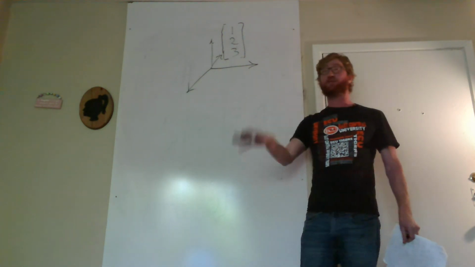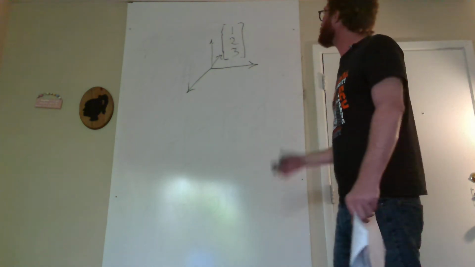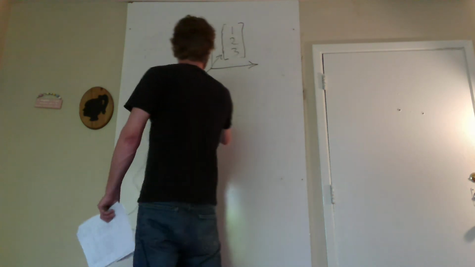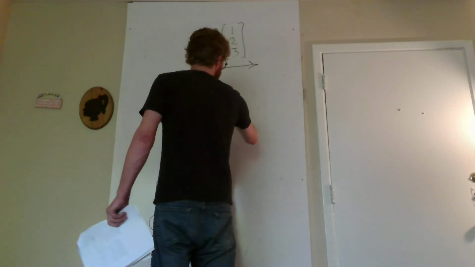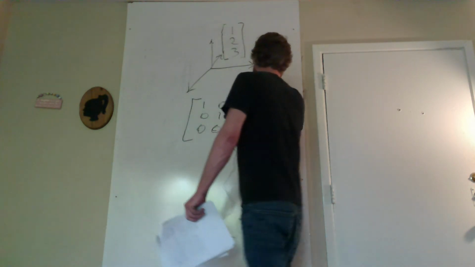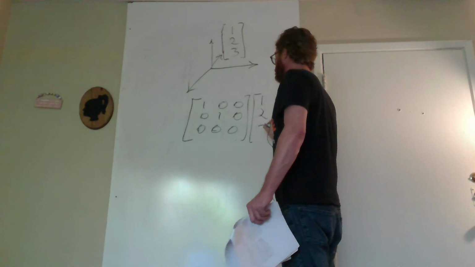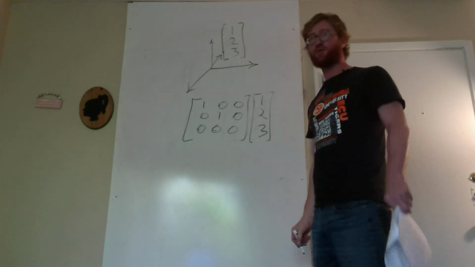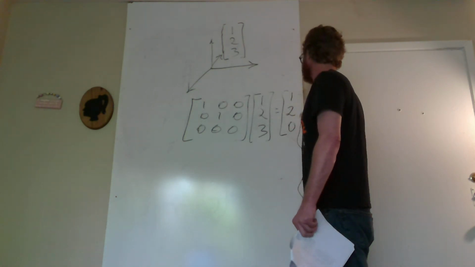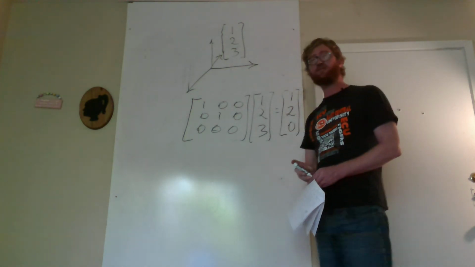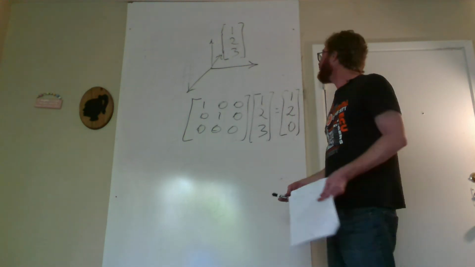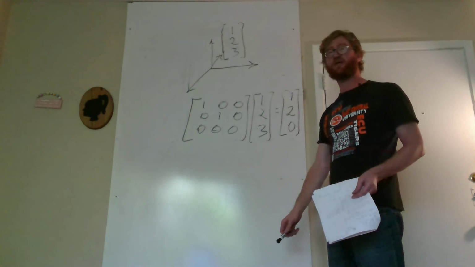It doesn't matter what I pick. Now let's have this matrix act upon 1, 2, 3. So we're having the projection matrix act upon 1, 2, 3, and what is it going to do? It gives 1, 2, and 0. You see that it basically knocks off the z component, and so that's the projection matrix for the xy plane.